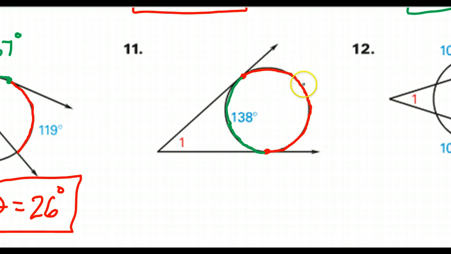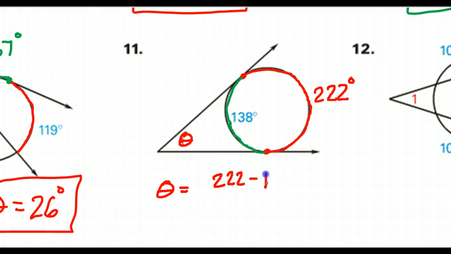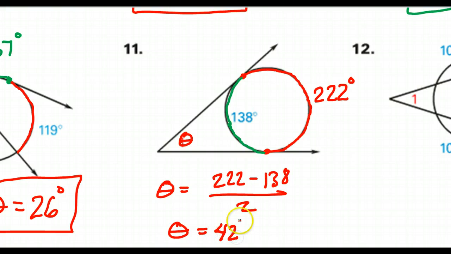To get the bigger arc, I just will subtract from 360. So that's 222 degrees. Now I can go ahead and do the formula. So I'm going to call this theta again. So the angle will equal the big arc minus the small arc divided by 2. So that is 42 degrees.